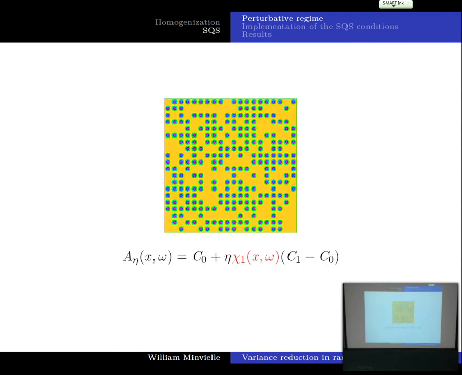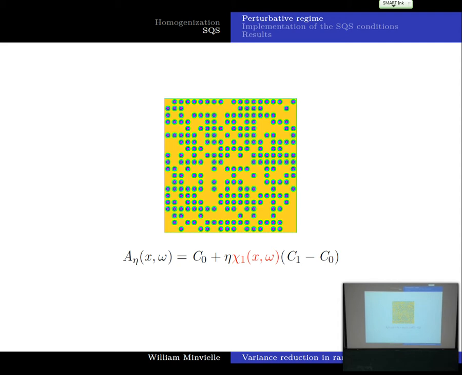Okay. So this is how we model the airplane wing. I've got just a grid, and on the grid, I decide with some probability either to pick the matrix, that's the dark matrix, or some periodic coefficient field.